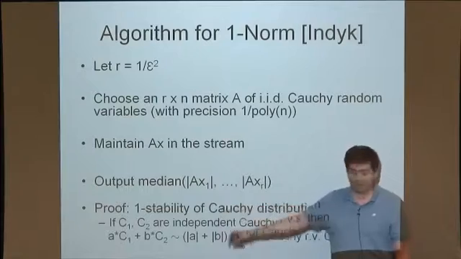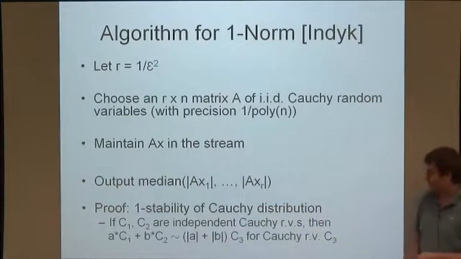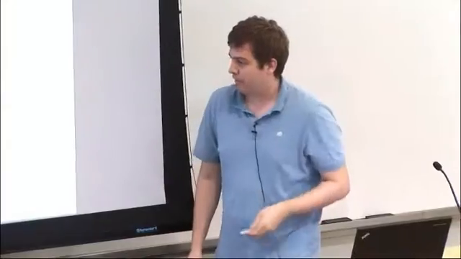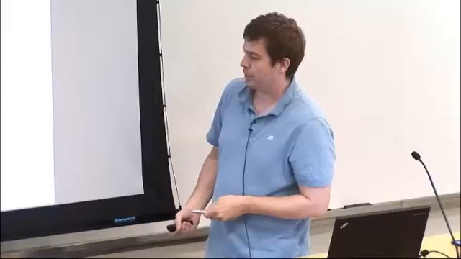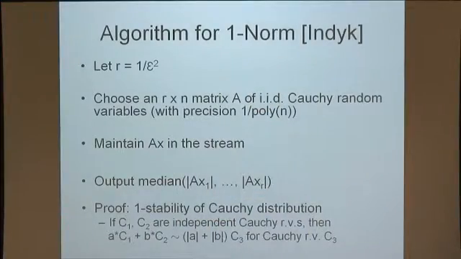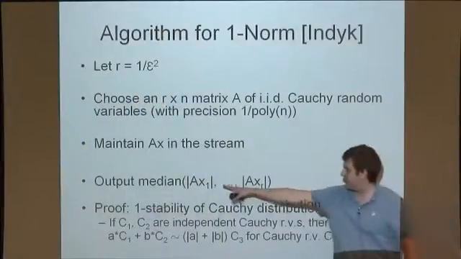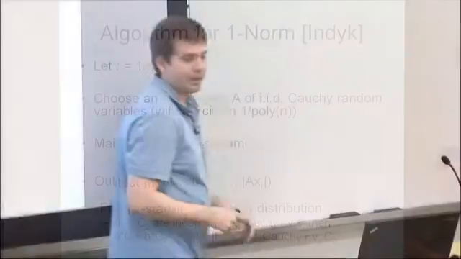If C1 and C2 are independent Cauchy random variables, then A times C1 plus B times C2, where A and B are scalars, is equal in distribution to another Cauchy random variable C3 times the absolute value of A plus the absolute value of B. So each of these coordinates of A times x is just the one norm of x times a Cauchy random variable, and you can show that this estimator works.